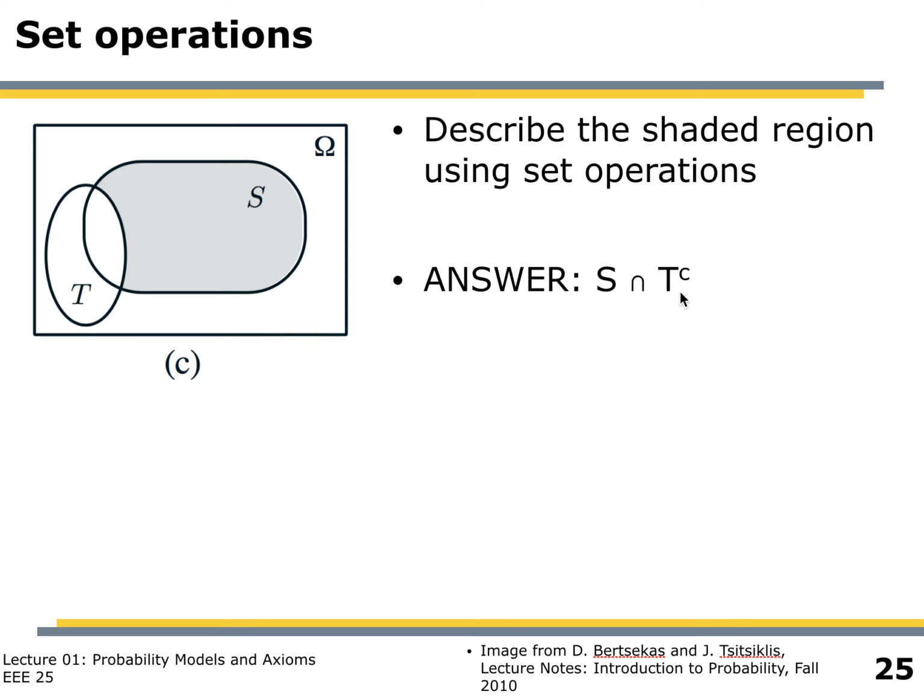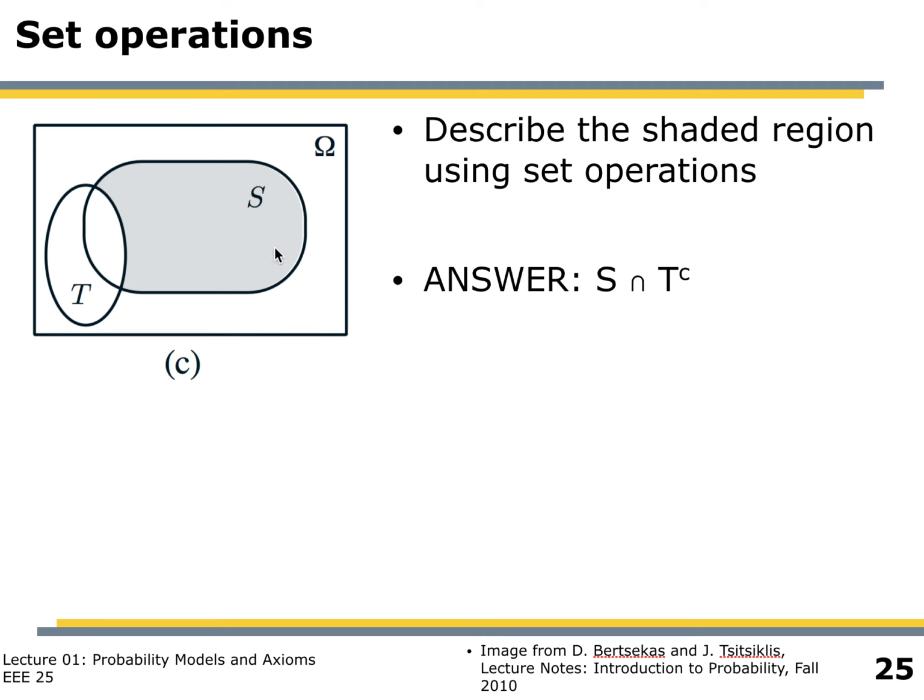So let's try to check why this is the answer. What is the complement of T first? So this is T. Now we say that the complement of T would involve all objects or elements that are not in set T. So that would mean shading this entire region right here and leaving this oval right here unshaded.